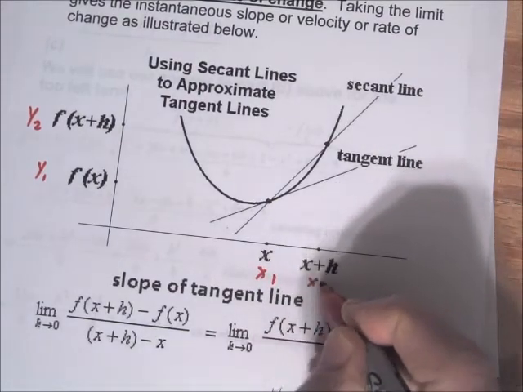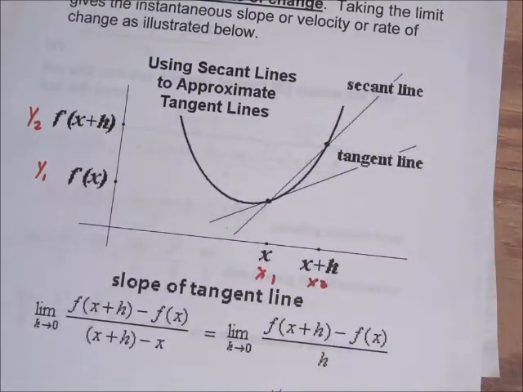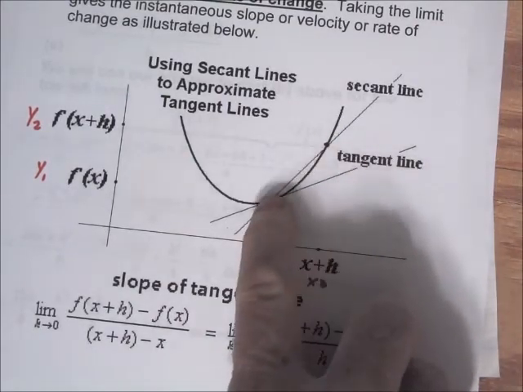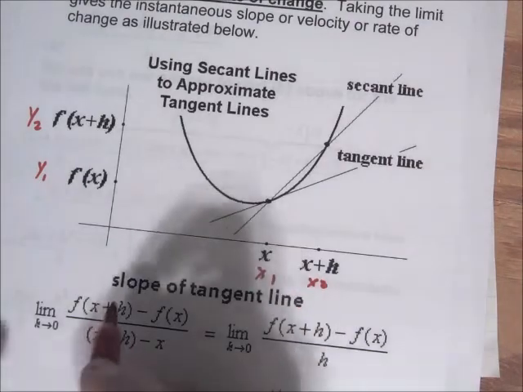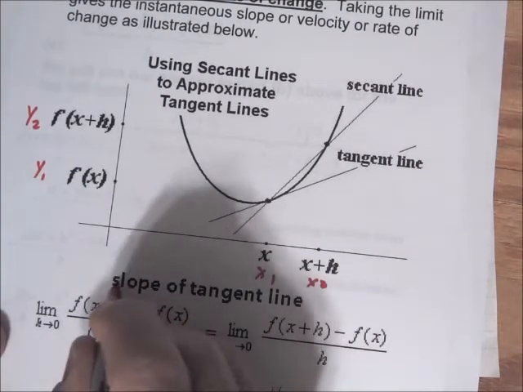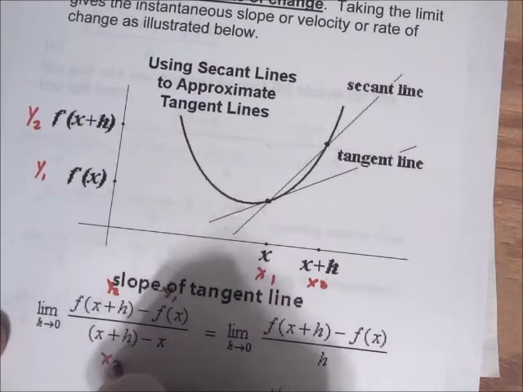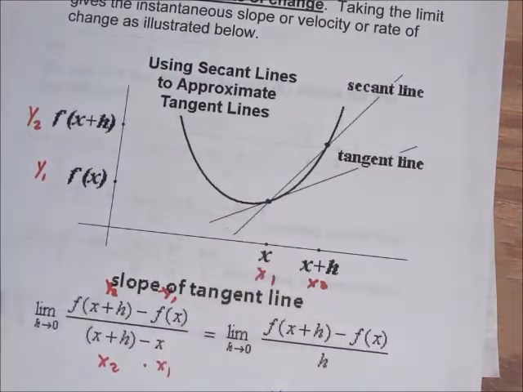So it looks a little different than our usual formula for the slope, but it's actually the slope of the secant line that touches the curve in two spots. So you could have y2 minus y1 over x2 minus x1. Okay, and it's actually a different form of the slope.